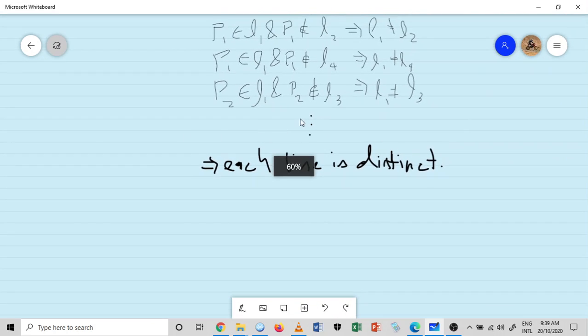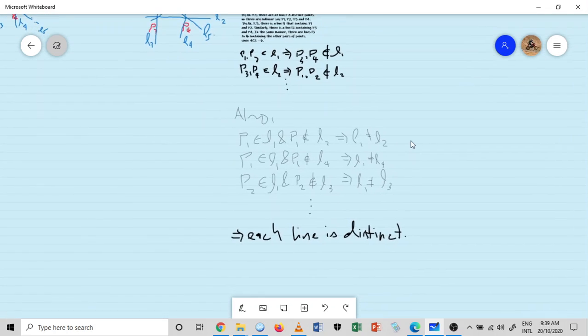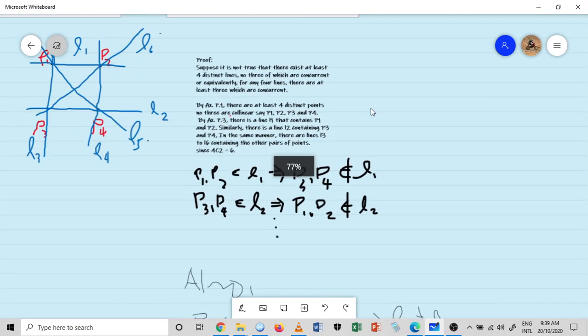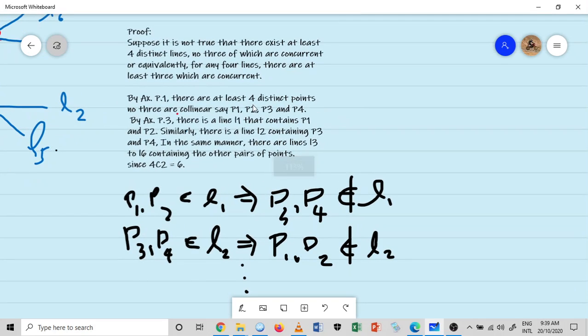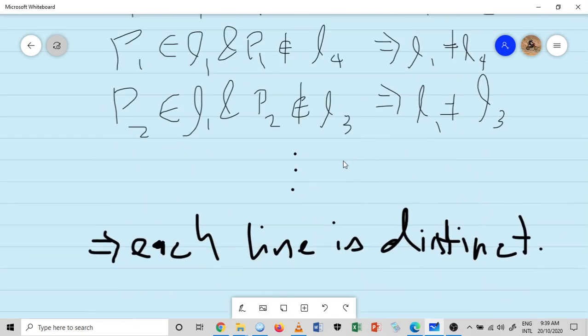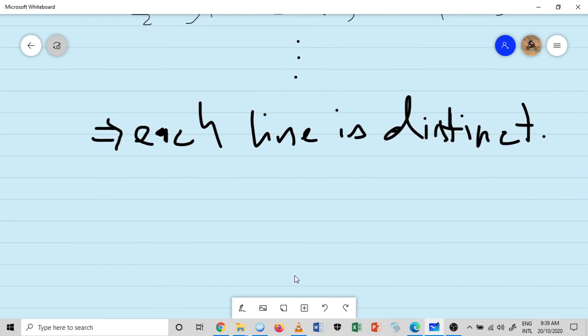Now, let us go back to the assumption. The assumption states that for any 4 lines, there are at least 3 of which are concurrent. Okay? For every 4 lines.